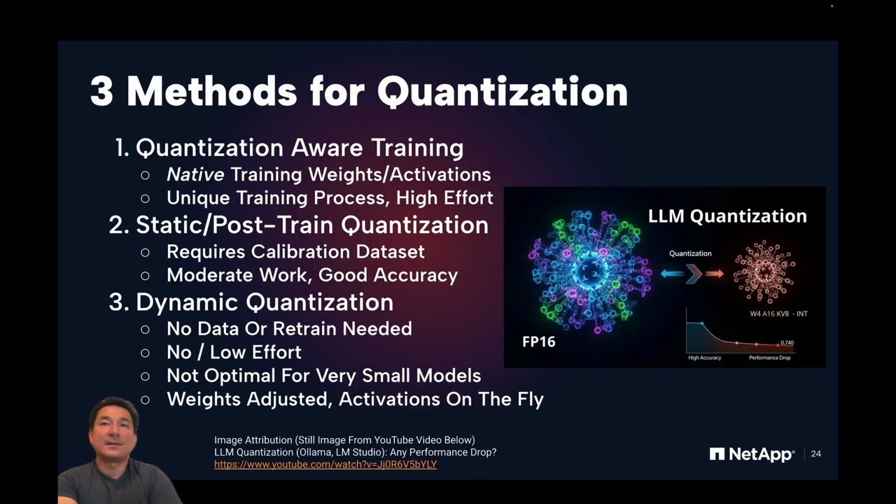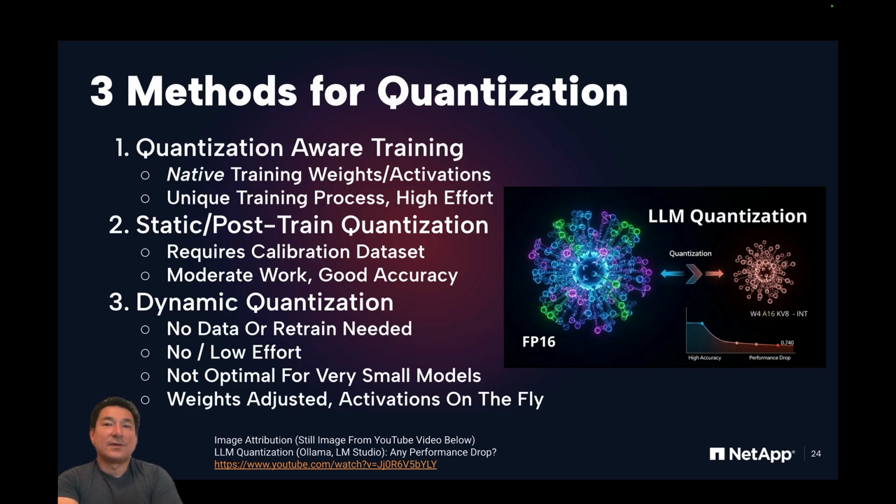There are 3 different methods for quantizing a model. The first is quantization-aware training. The model is trained or fine-tuned with a fake quantization module to simulate low precision during training. Weights and activations are quantized in the forward pass, allowing the model to adjust to quantization errors. Second, static or post-training quantization.